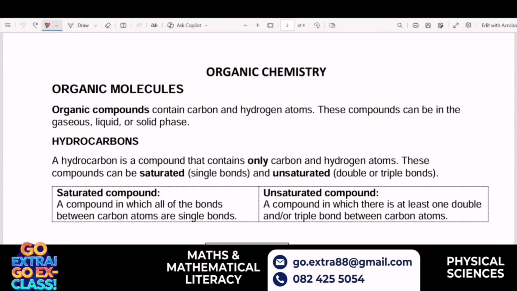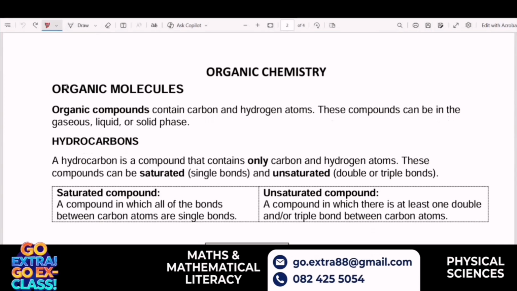What are organic molecules? As we've defined, the chemistry of carbon compounds, organic molecules are molecules that consist mostly of carbon. We can simply say organic molecules are carbon molecules, but in this case we also include hydrogen.